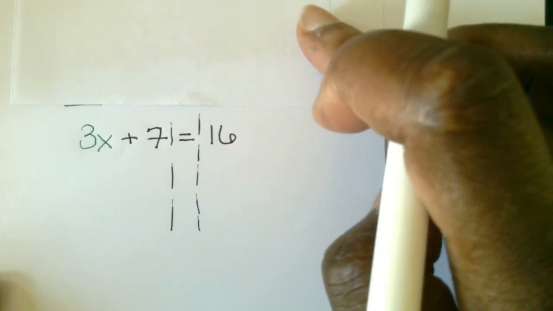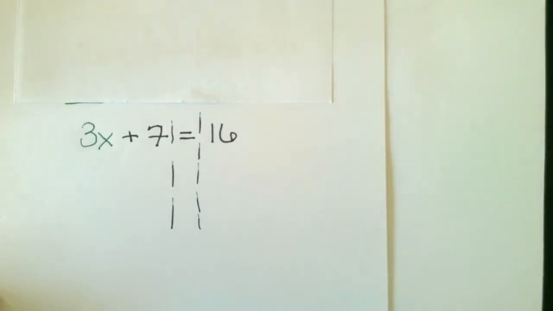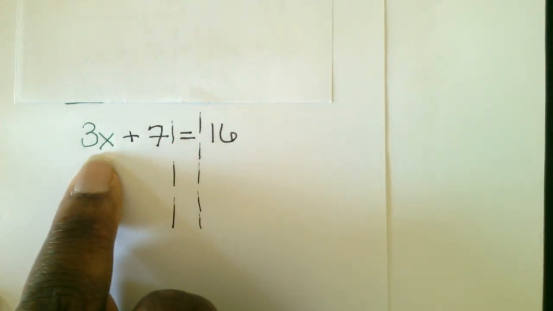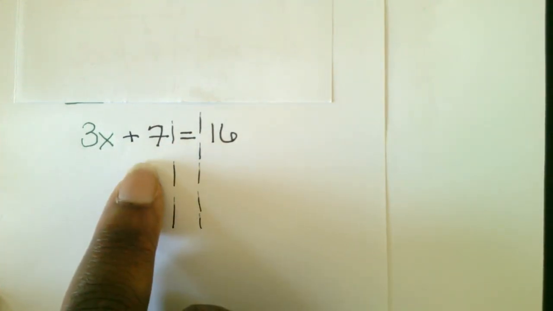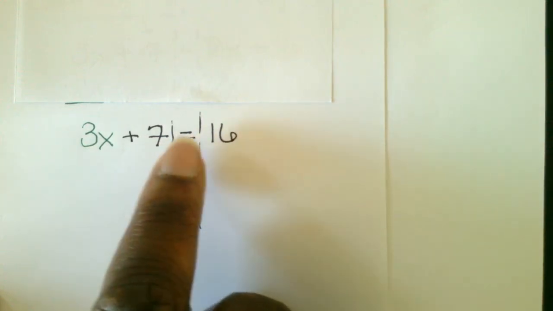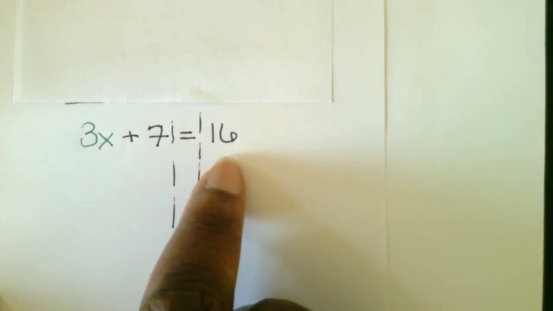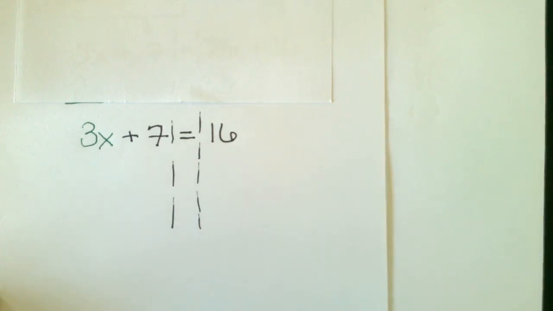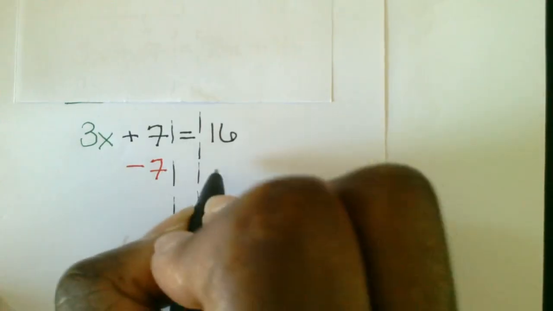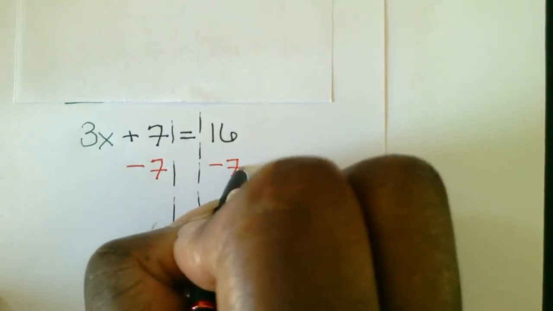All right. So now from here, the goal is to isolate our variable. Yep. So eCamp, I see you. Since it's a positive 7, that means I need to move that 7 over to the other side of the equal sign. So we're going to do the inverse of positive, which is to subtract.